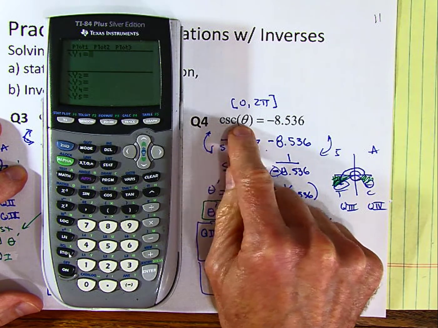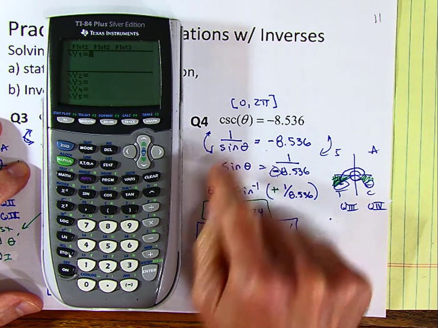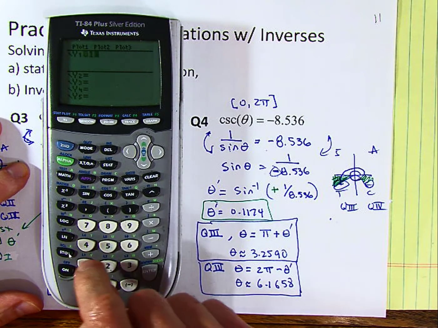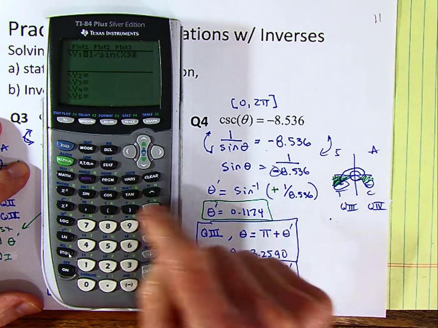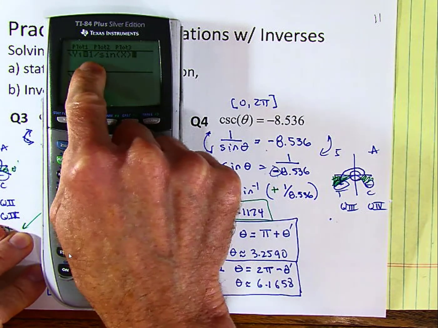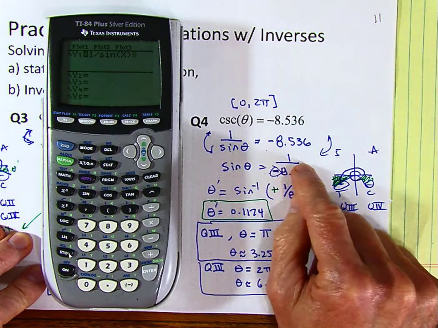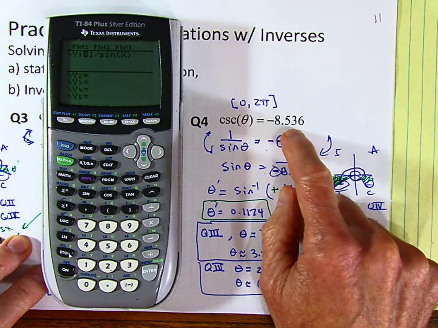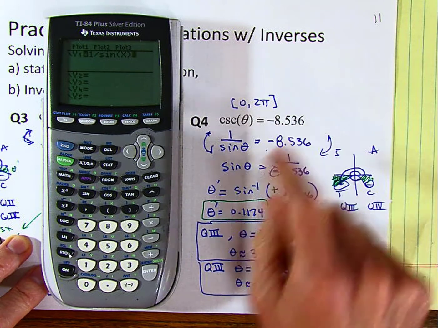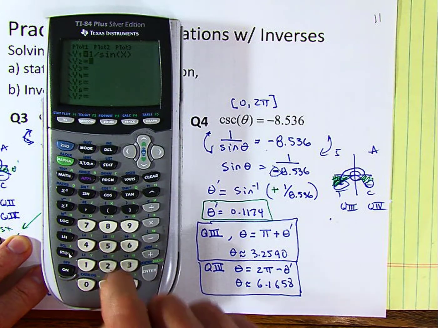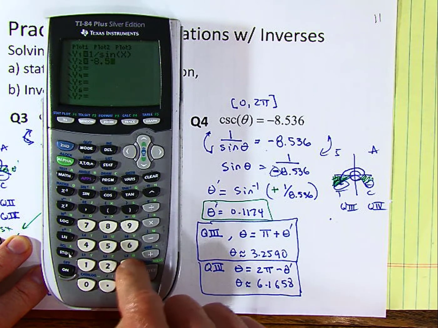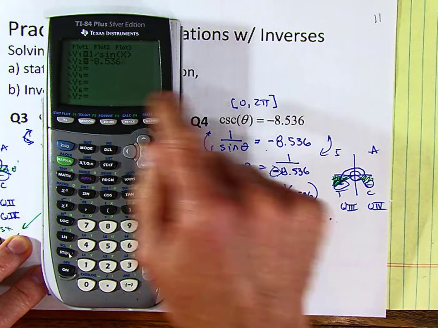So I cannot type cosecant in, but I can type 1 over sine. So I'm going to type 1 over sine of x, close that. And so that's like my cosecant side of the equation. My other side of the equation is negative 8.536. I'm going to put that on the other side of another graph, negative 8.536. And I want to see where these two intersect.